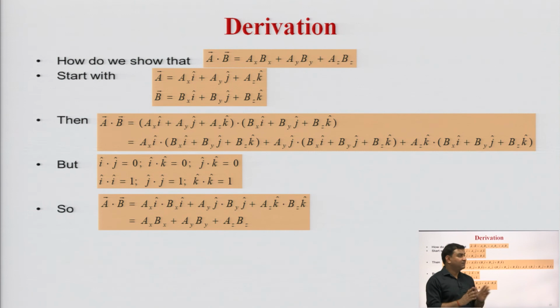You can see from the first one, A dot B is equal to, these are the different representations of the dot product of the two vectors.